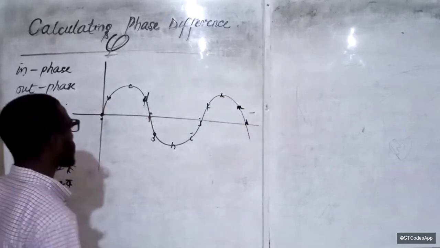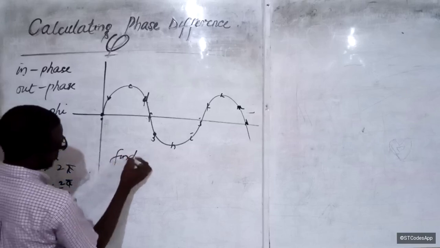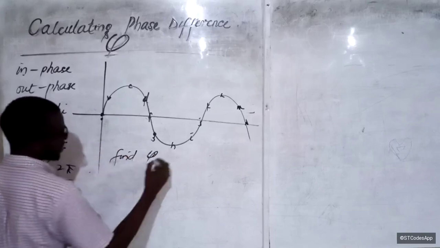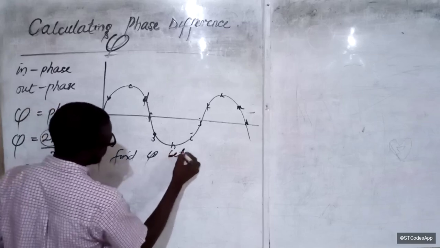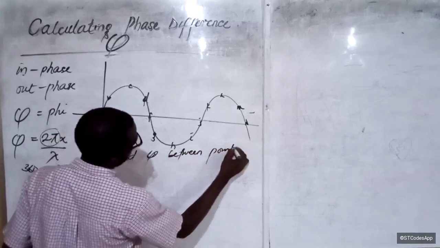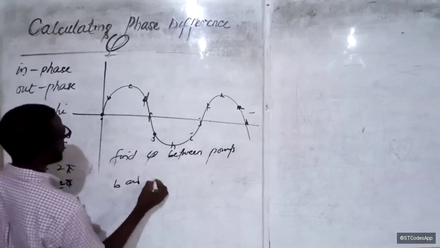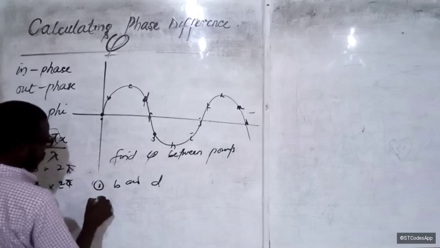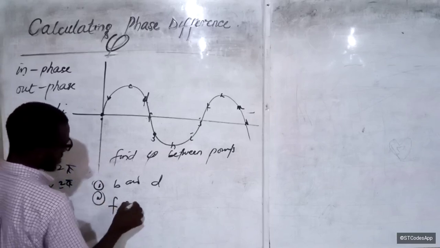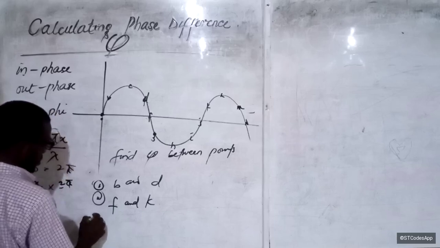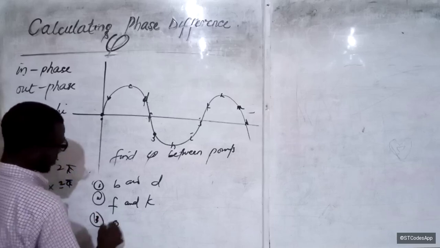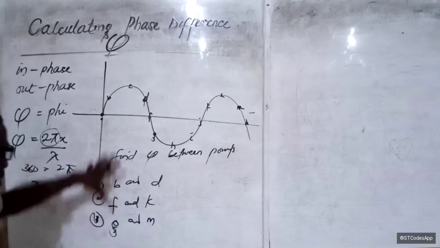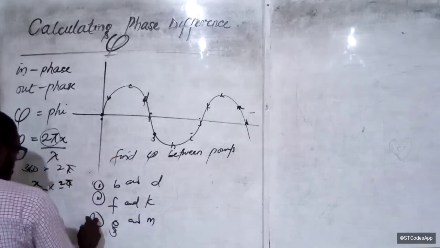Now, I ask you, Jemima, find the phase difference between, one, points B and D; two, points F and K; three, points G and M. All right, let's find the phase difference between these three pairs of points.